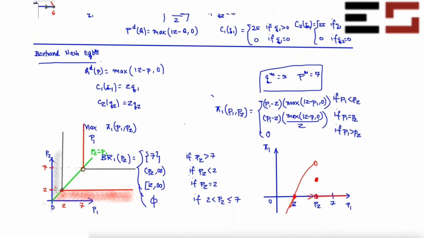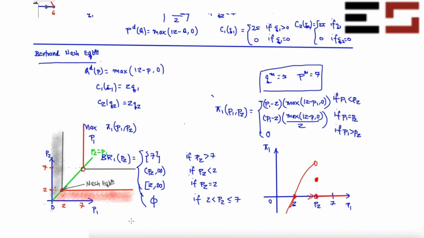And that is exactly what we just found, right? Just by looking at the best responses, we found that (2, 2) is the Nash equilibrium, and that is exactly what we are getting here using our intersection. So this is the Nash equilibrium. Both firms will charge their marginal cost.